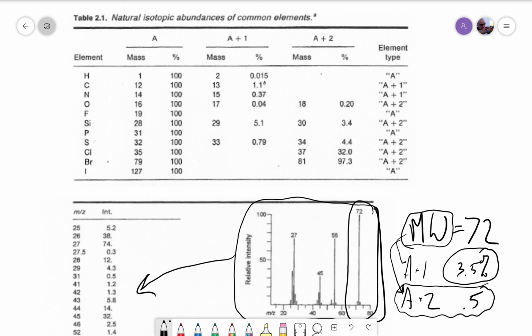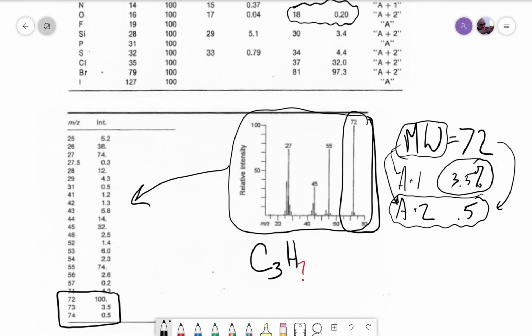But something has to be creating an A+2, and we see oxygen will actually create an A+2 of 0.2%. We need to get to a molecular weight of 72. 3 carbons will get us 3 times 12, or 36. We have some hydrogens.